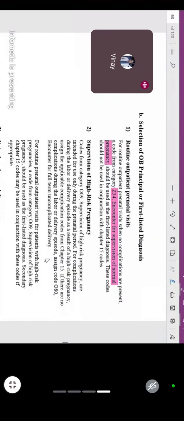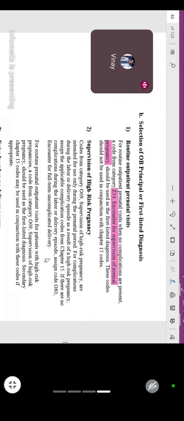All O series codes, all chapter 15 codes, are what? For pregnancy related, and childbirth. Pregnancy related complication. Why do we have an O series code? Is there any complication? Then only O series code. I cannot say that the lady is pregnant with an O series code. That is a Z series code. That is her status. Status pregnant. Z series code. If there is any complication, then only O series code.